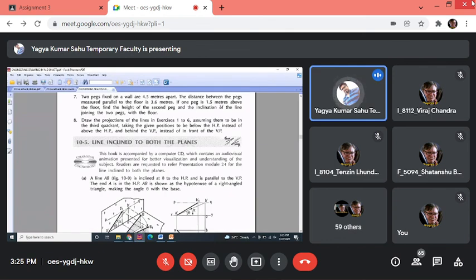Distance measured parallel to the floor is 3.6 meter. If one peg is 1.5 meter above the floor, find the height of the second peg and the inclination of the line joining the two pegs with the floor.